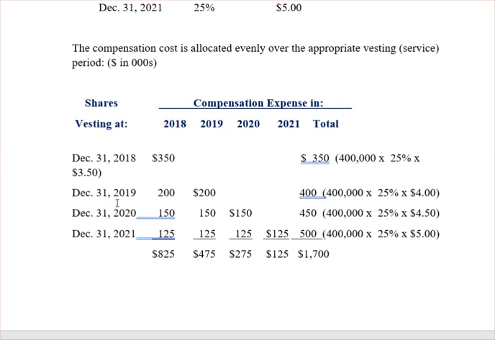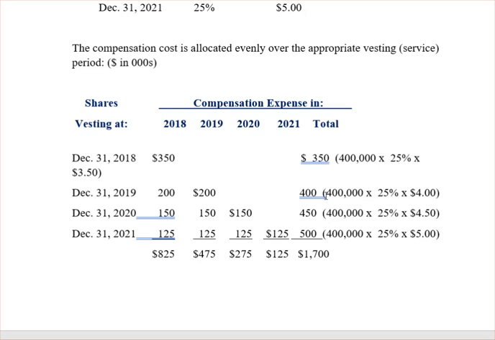We know that in December 31st, 2019, the total amount which would vest would be the 350,000 plus the 400,000, etc. So that by the time you get to December 31st, 2021, you'll have the total 1.7 vested.